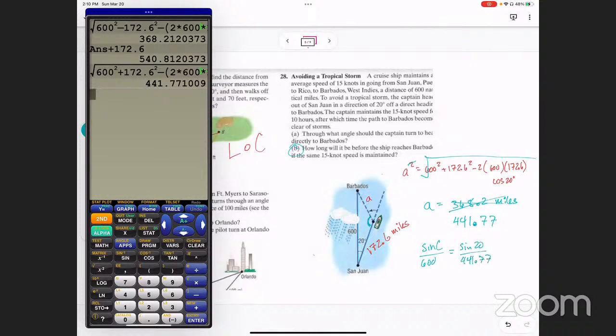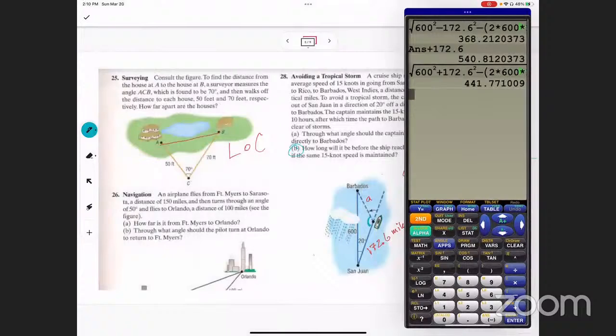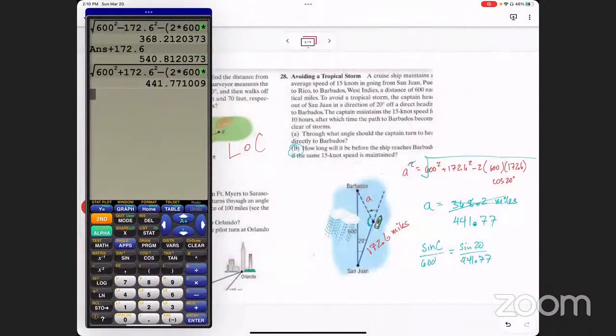Watch how you can do this quickly in your head. You multiply that over here and take the sine inverse of it. So it's going to be the sine inverse of 600 sine 20 divided by the second answer.